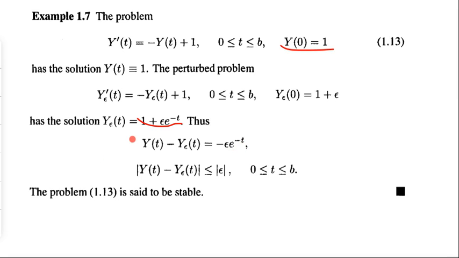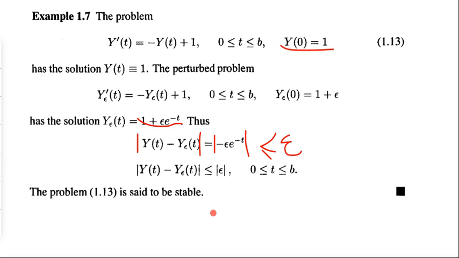Now, the norm or the absolute value of y of t minus y epsilon, this difference will be the absolute value of this function, and because here we have the exponential of minus t, this will be less than epsilon.